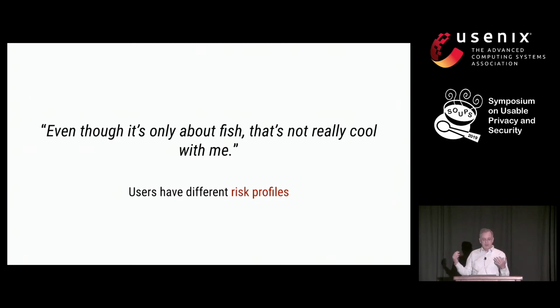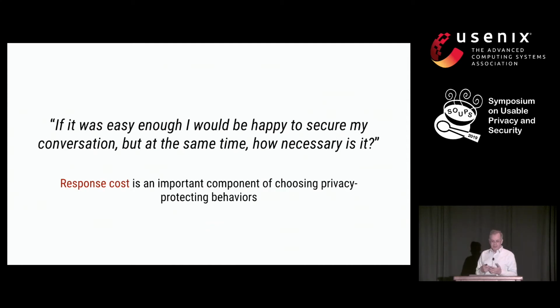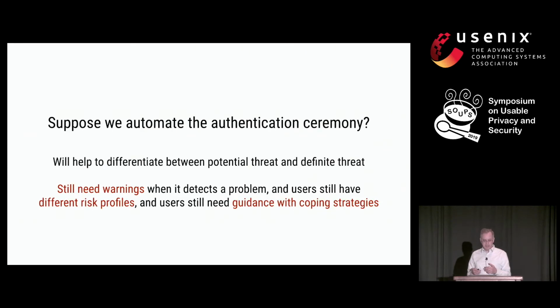And so this showed that users do have different risk profiles. Some people, it is not cool if there's interception going on, even if they're only just talking about fish. And we had someone say, if it was easy enough, I would be happy to secure my conversation, but at the same time, how necessary is it? So this is indicating a mix there of risk severity being low and also being worried about response cost.